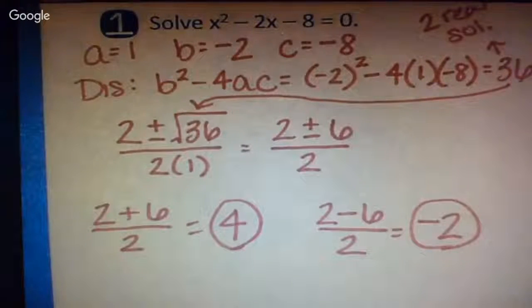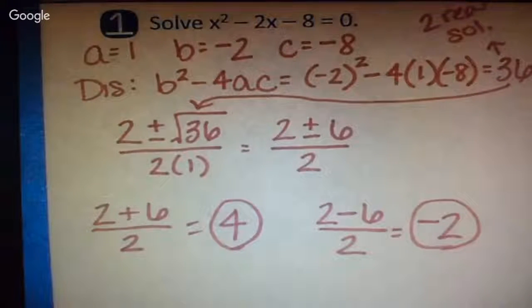All right. So, x squared minus 2x minus 8. Let's factor this. So we've got x squared and -8. I need 2 numbers that multiply to give me -8. 4 and 2. Which one's negative?